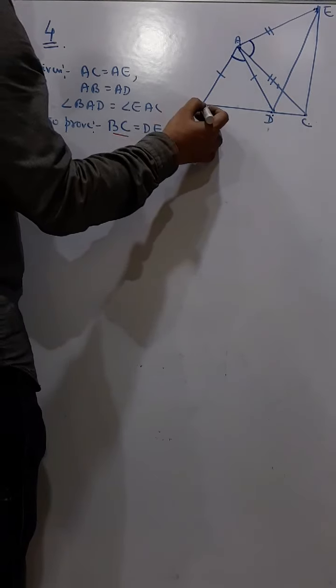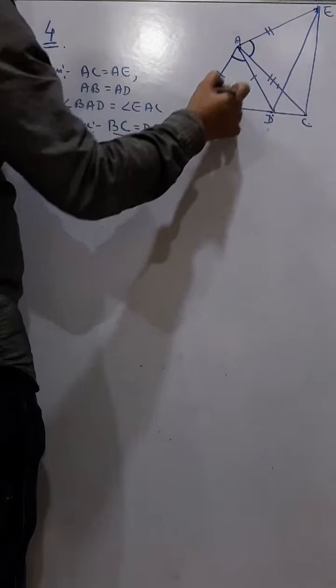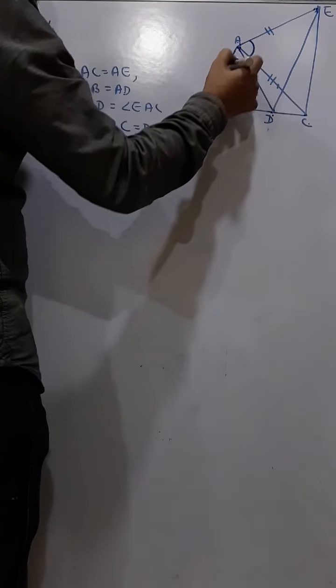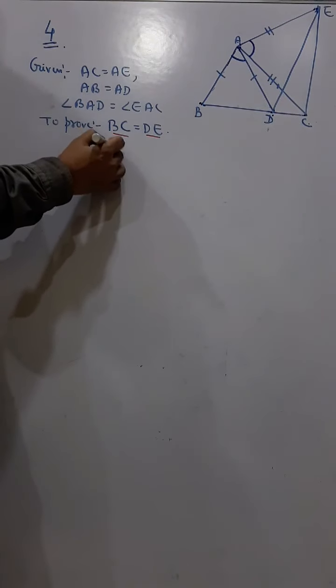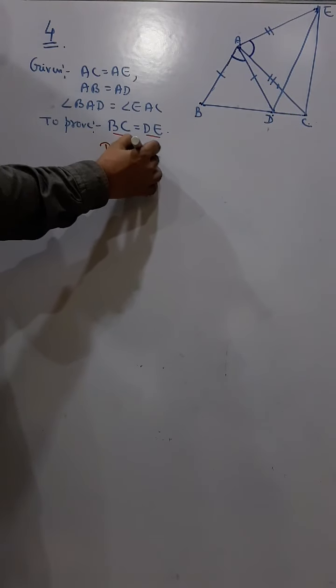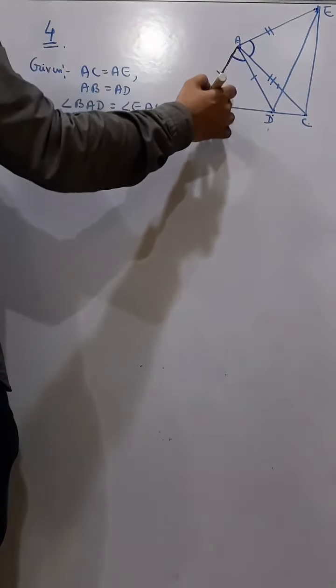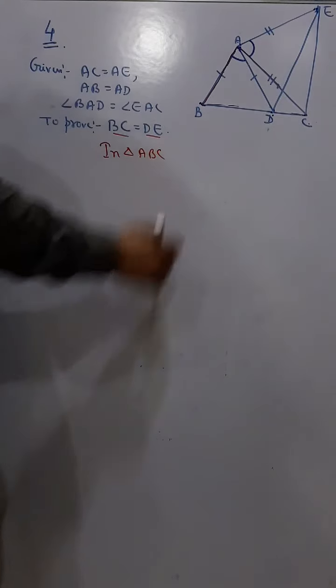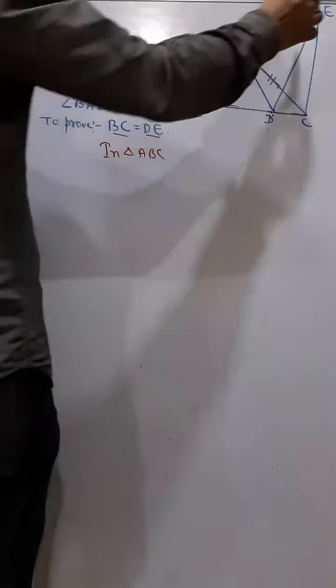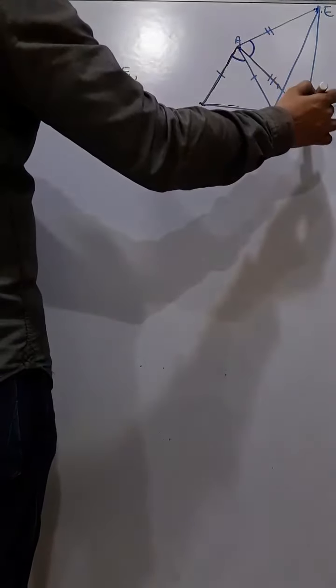First of all I have to see BC is present in this triangle. You can see that is triangle ABC, and triangle EAD.